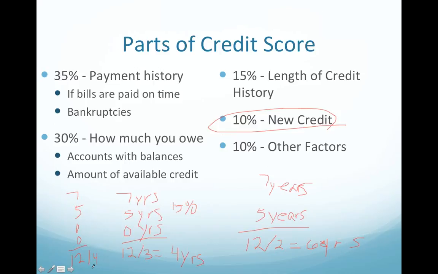So now you're talking about 3 years. So in a matter of a month, the length of your credit history went from 6 years to 3 years. Anything below 3.5 to 4 years is bad. The banks don't know enough about you to be wanting to take risks with you.